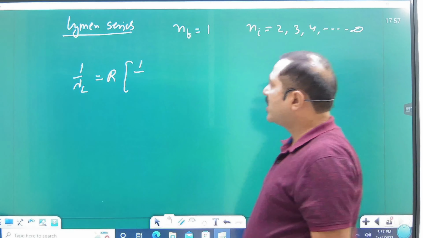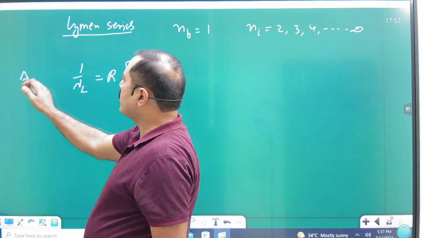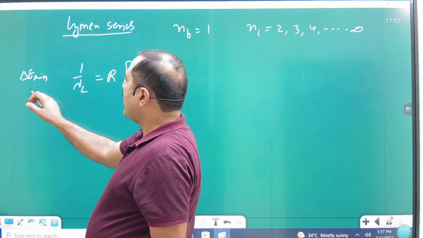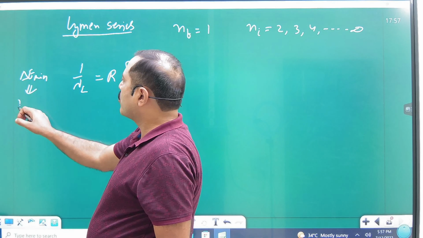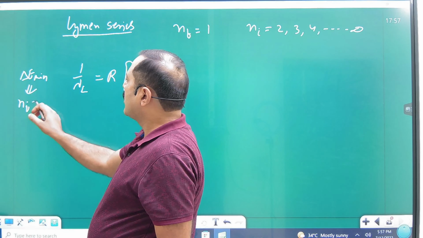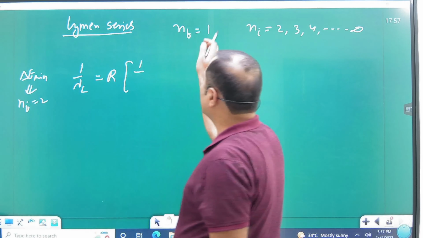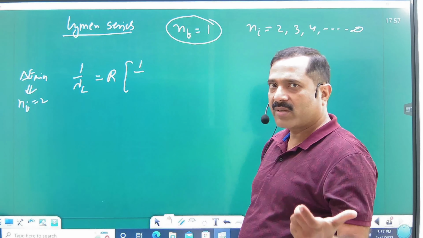So for lambda longest, delta E should be minimum, and from this we conclude n initial must be 2, and for Lyman series n final has only one possibility, 1.